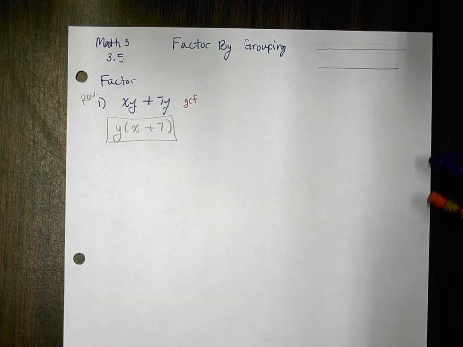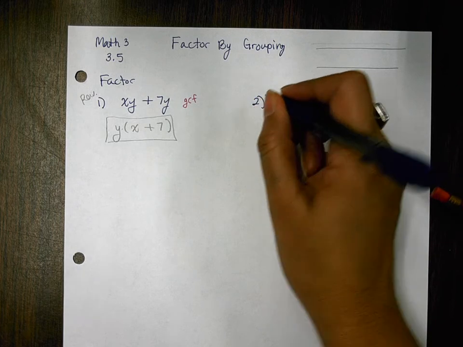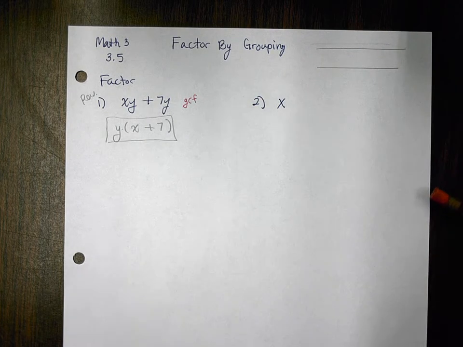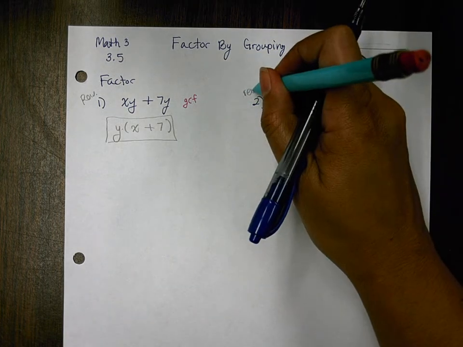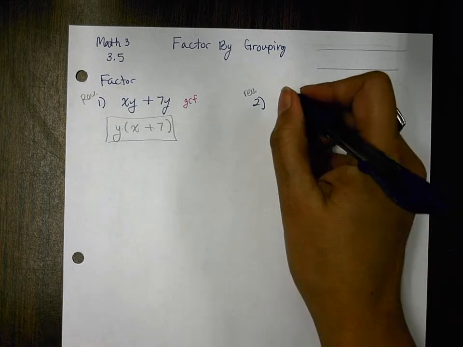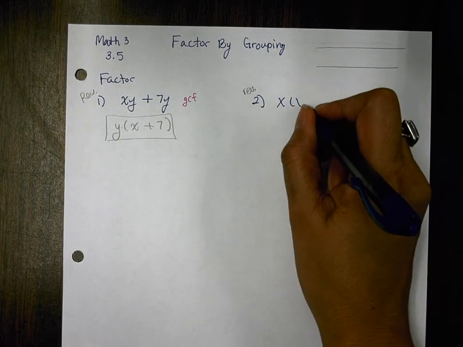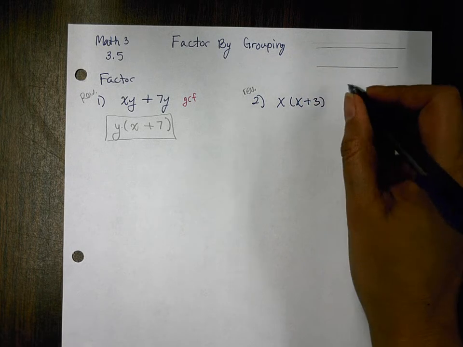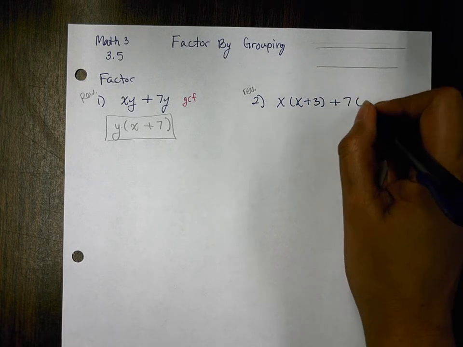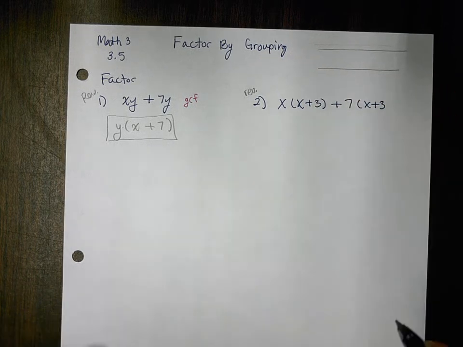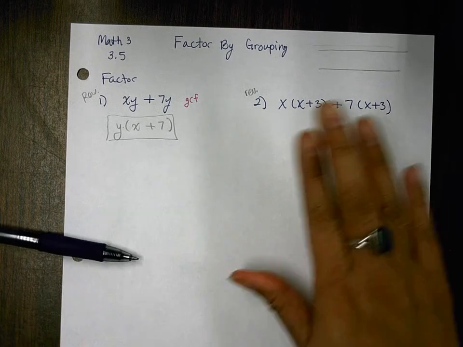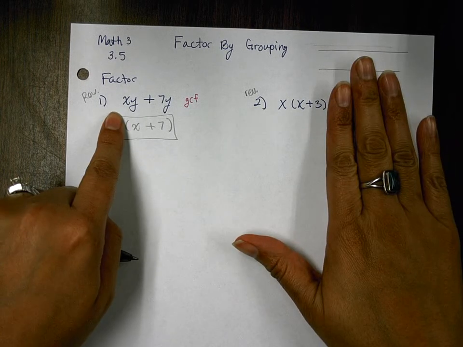All right, number 2, also review, is a review of something you did last year in Math 2, and we did it again this year in Math 3. Okay, x times x plus 3 plus 7 times x plus 3. So there's two terms, just like there were over here.